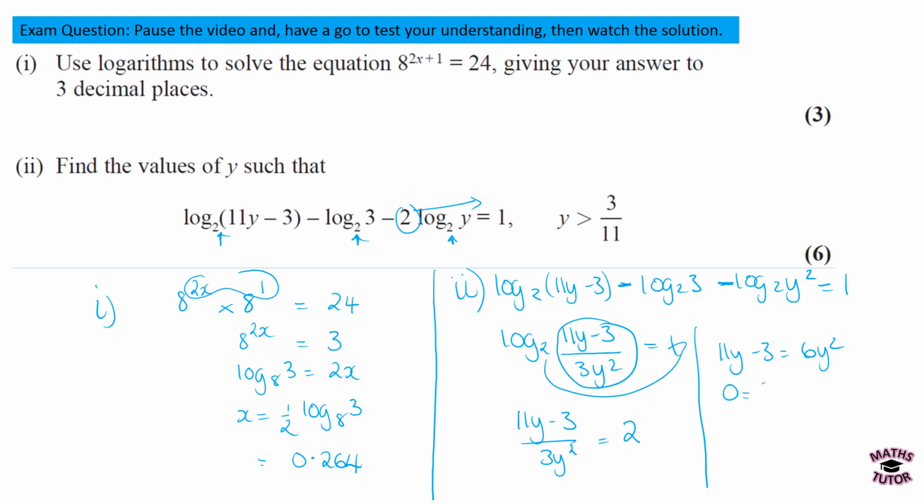Everything to one side and solve the quadratic. 6y squared minus 11y plus 3 is equal to 0. 0 is equal to 2 brackets, and if we need 2y and 3y, and then timesing to get 3, we'll have 3y minus 1 and minus 3, and then that will give us minus 2 and minus 9 to give us the minus 11 in the middle. So y is equal to 3 over 2, or y is equal to 1/3.